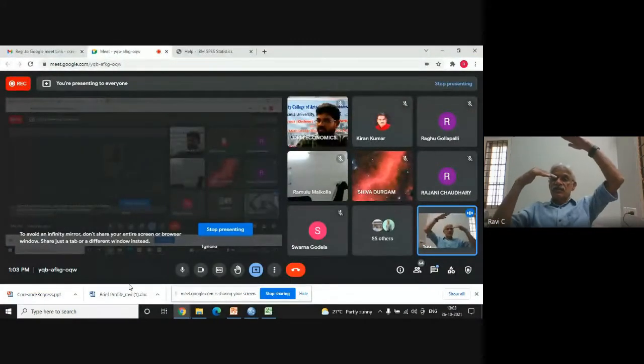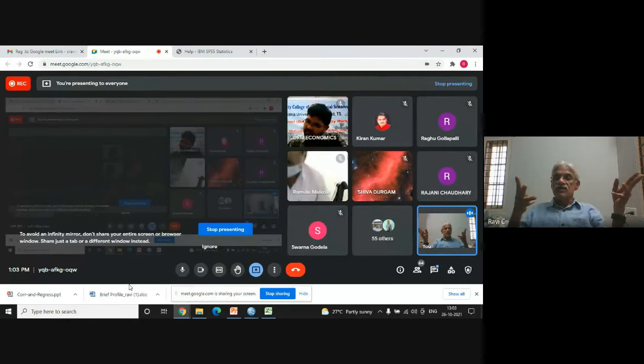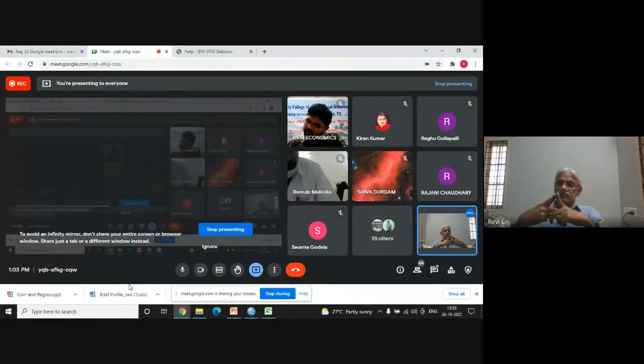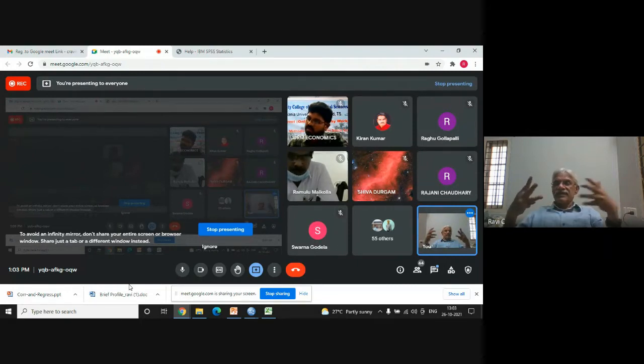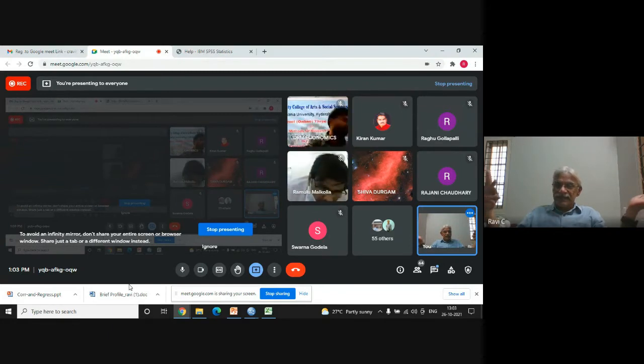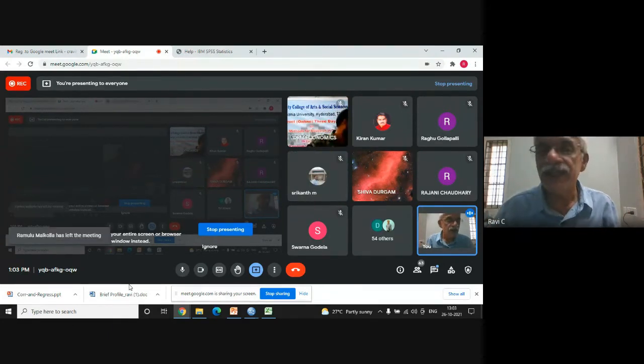Multinomial logit is when your dependent variable is not just 0 and 1. It can take more values, but there is a hierarchy: 1, 2, 3. So for example, severely malnourished, moderately malnourished, and normal. Then I want to know what are the determinants of this. I use multinomial logit.